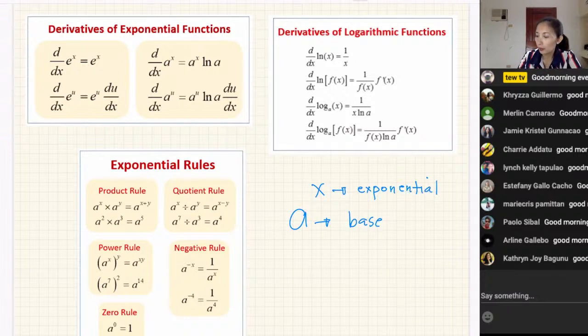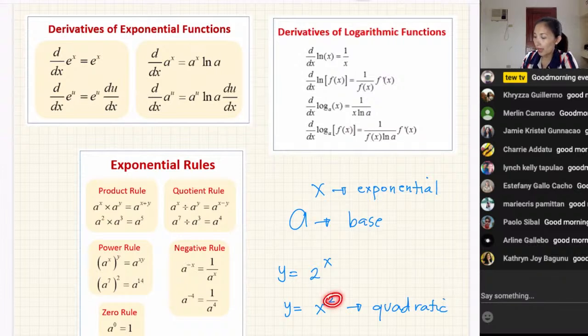Compare and contrast 2 raised to x and y equals x squared. This is your quadratic function, or polynomial function, quadratic because x is raised to the second power.